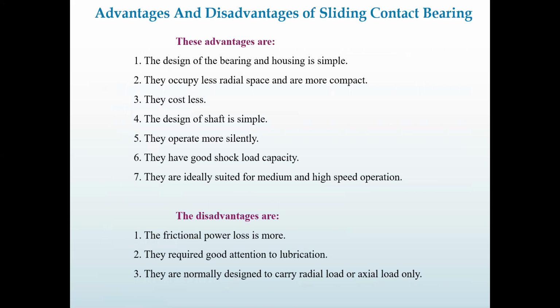They occupy very little radial space and provide more impact. Third, from the cost point of view, sliding contact bearings have a very low cost as compared to rolling contact.